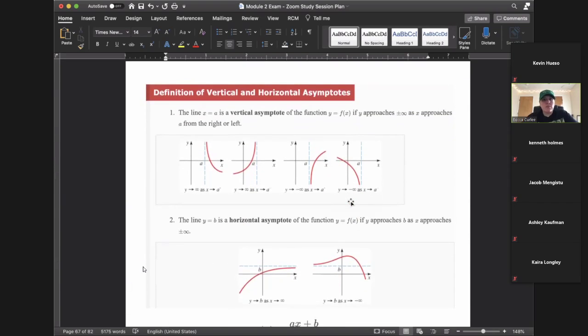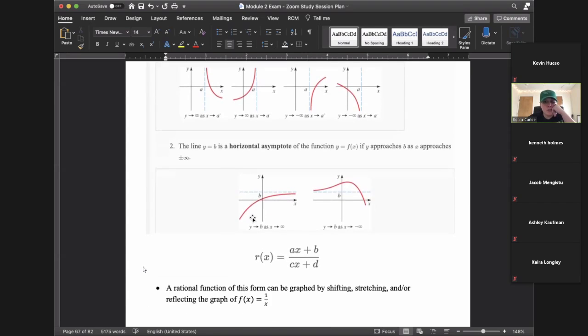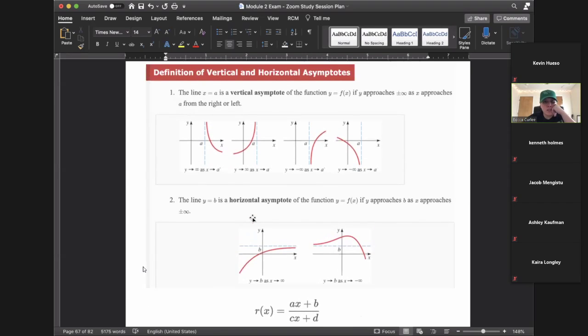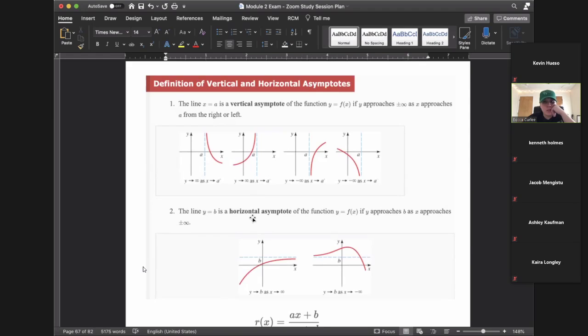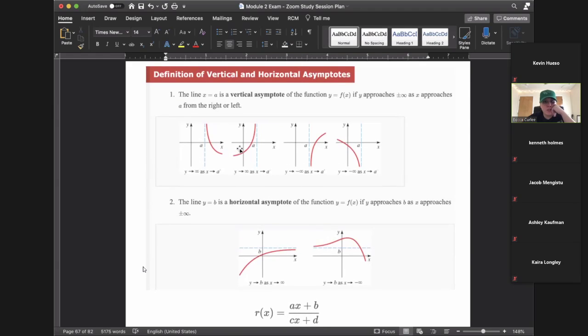Definition of vertical and horizontal asymptotes. It's basically restrictions where your graph is going to exist and not exist. These are vertical asymptotes: as x approaches a, y approaches infinity. It's just a restriction.